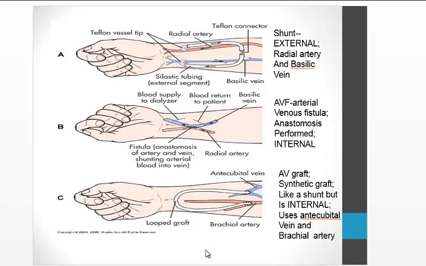And again, these are just a couple of different vascular access sites. Whether the doctor uses a shunt, an AVF, or an AV graft will be completely up to the physician and the patient to decide what is the best type of vascular access for that particular condition and that particular patient.